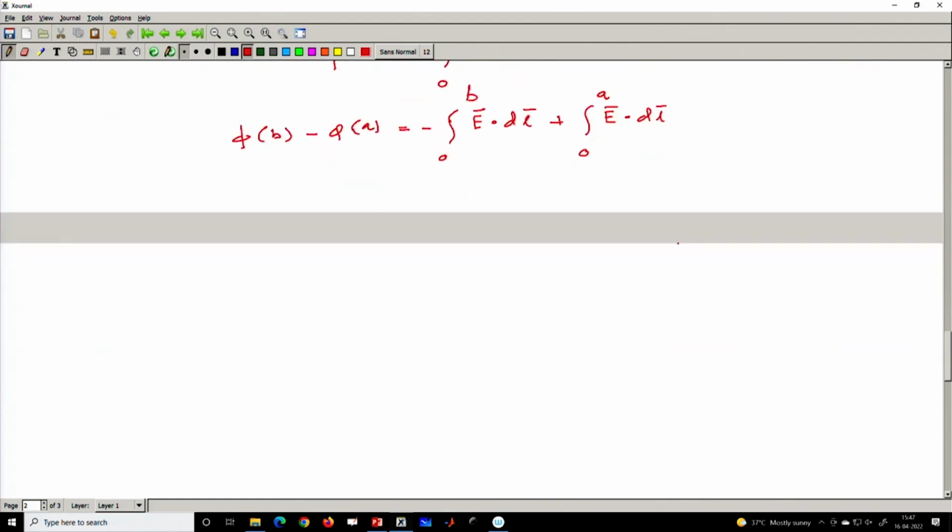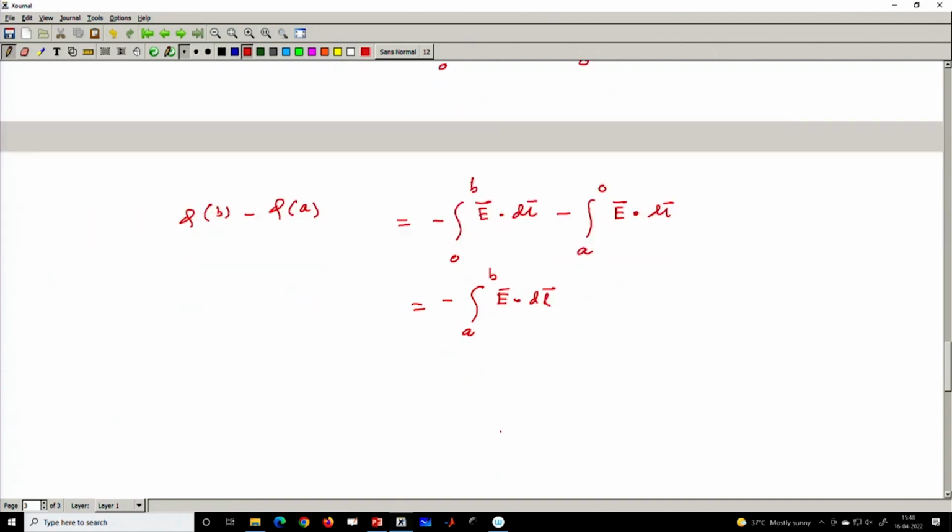So, then I can simply write phi b minus phi a as minus of 0 to b E dot dl minus a to 0 E dot dl, and that is essentially my minus of a to b E dot dl.